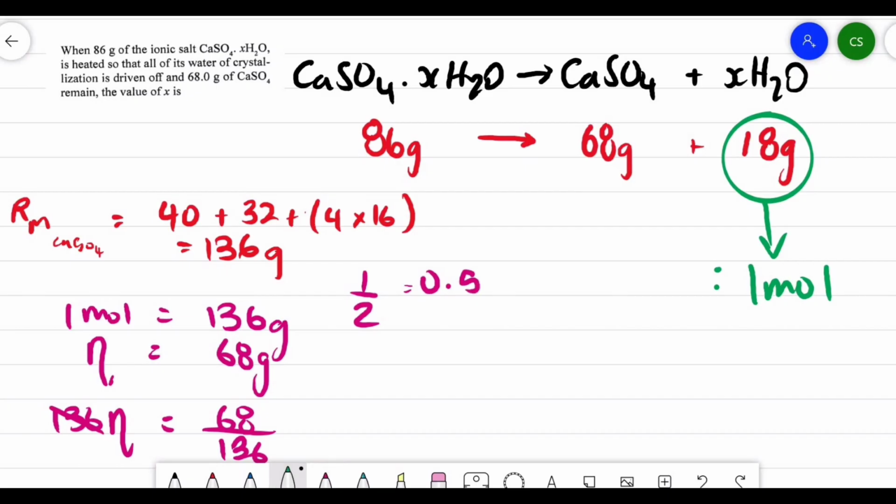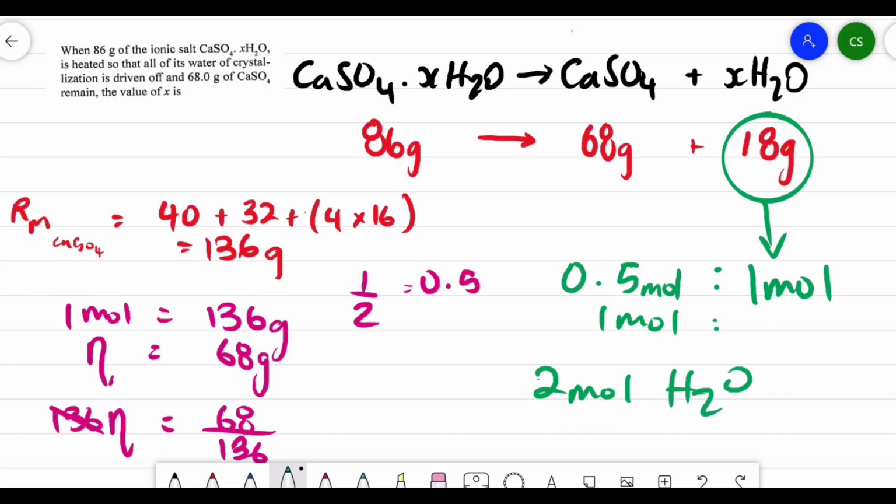So the mole ratio that we would get is 0.5 moles of calcium sulfate to 1 mole of water. So what we really need is how much water there would be for 1 mole of calcium sulfate. So 1 mole, and you can cross multiply and you would end up with 2 moles of H2O.